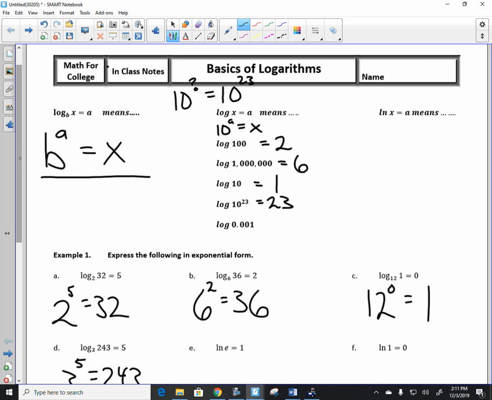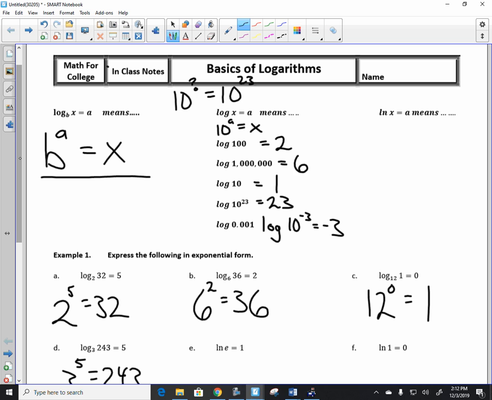I didn't hear 23. I heard 10 to the 23. So it is not the same thing. Now we have a log of 0.001. Oh my goodness. This is the log of 10 to the negative third because 1/1000 is 10 to the negative third. So that means 10 to what power is 10 to the negative 3? Negative 3.